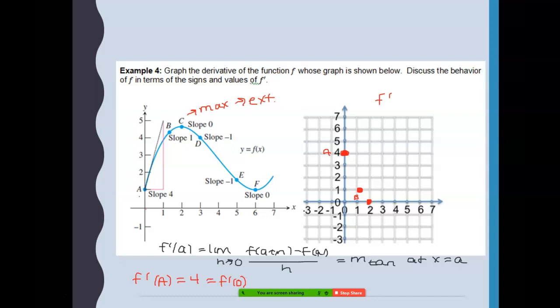So over here, this is 3, -1. At E, which is 5, it also appears to be -1. At F, which is 6, the slope is 0. So that's another 0. So we can connect our points. And there's my derivative.